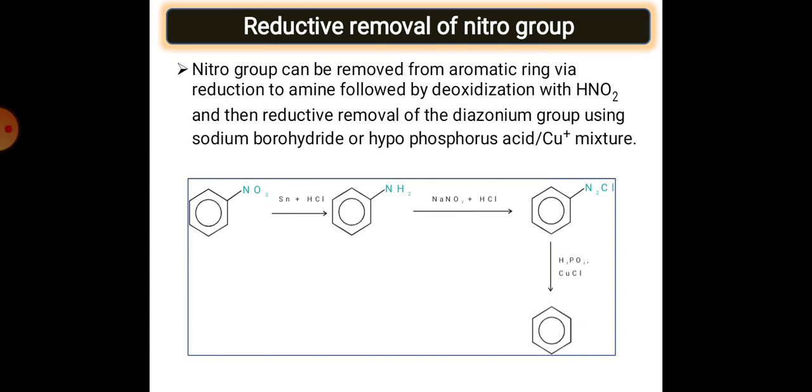That NH2 converts into N2+ Cl-, that is diazotization, in the presence of sodium nitrite and hydrochloric acid, NaNO2 and HCl, or sometimes HNO2 is also given. Lastly, the diazonium group is removed with the help of H3PO2, an acid, in combination with copper chloride, and finally gives benzene. In this way you can remove the NO2 group.